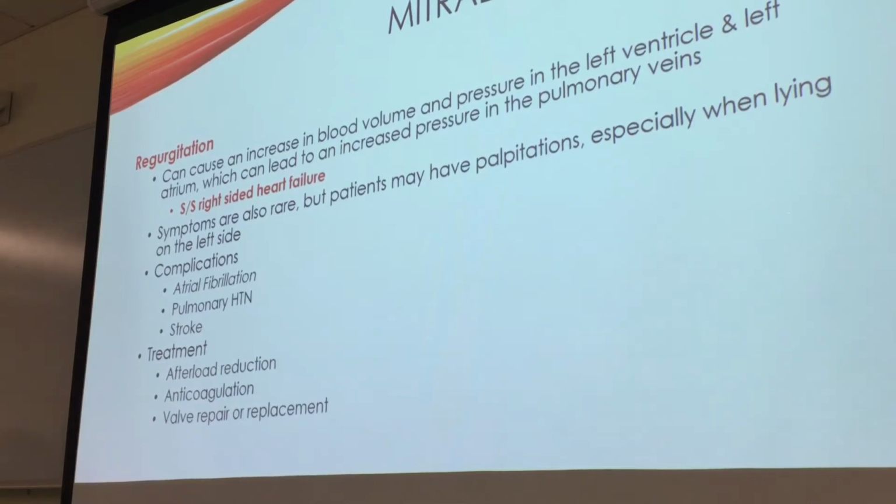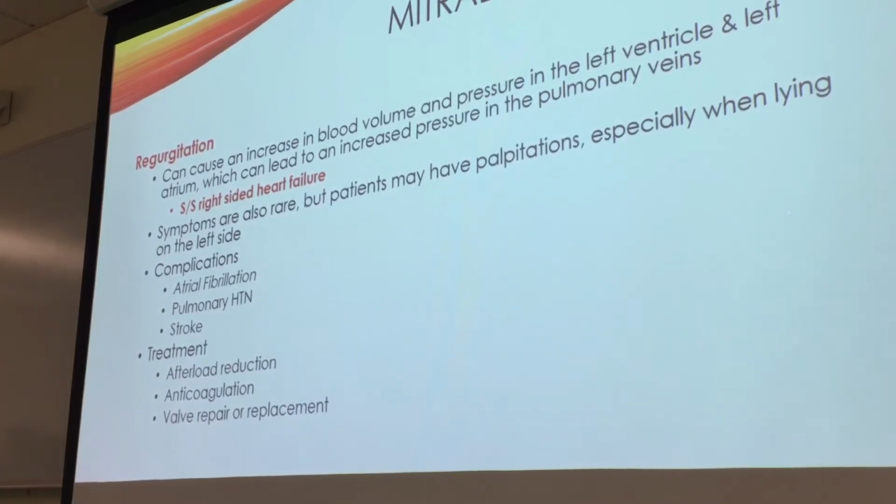These patients are predisposed to AFib, again, putting them at risk for stroke or TIAs, and also pulmonary hypertension because the pressures within the lungs are elevated because of all of the backup of blood that shouldn't be there. It's kind of like an overload of blood, per se.